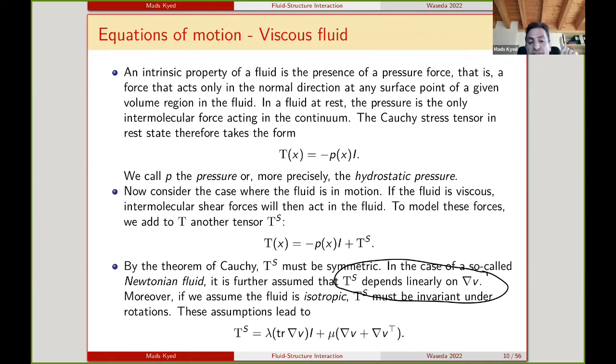But the important thing is that we make the assumption that the shear stress depends only linearly on the symmetric part of the gradient of V.